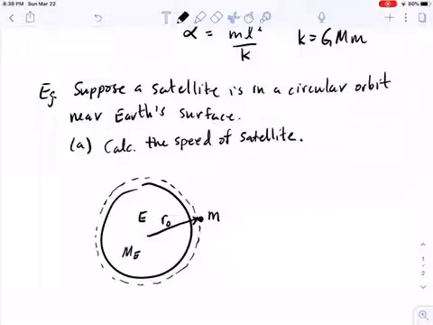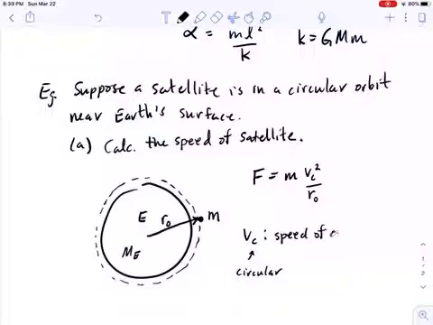If our satellite's undergoing circular motion, then its acceleration must be equal to a centripetal acceleration, and centripetal acceleration is v squared over r, where r0 is the radius of our orbit, and I'm using vc. The subscript just means circular, because we'll end up modifying this orbit to be elliptical in the future. So vc, just remember, is the speed of the circular orbit.